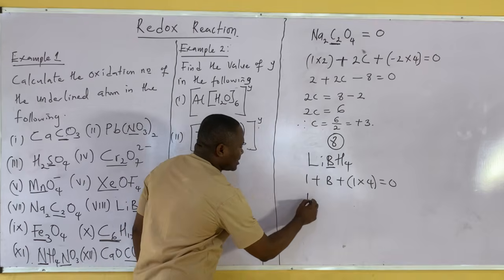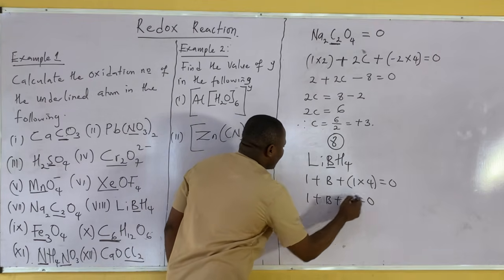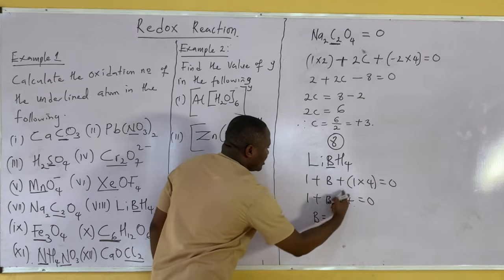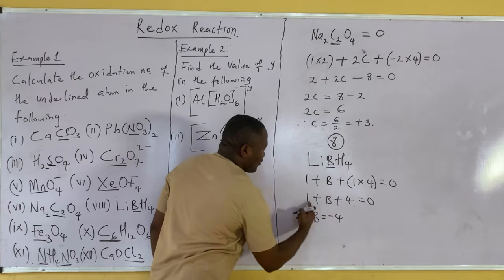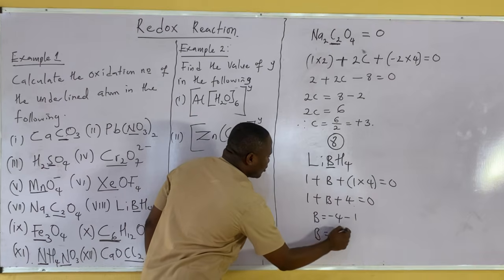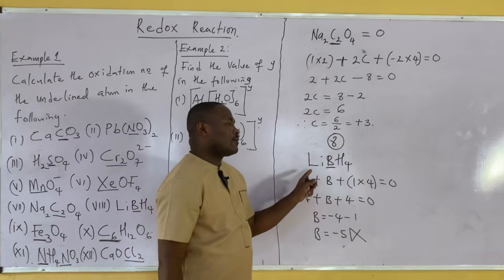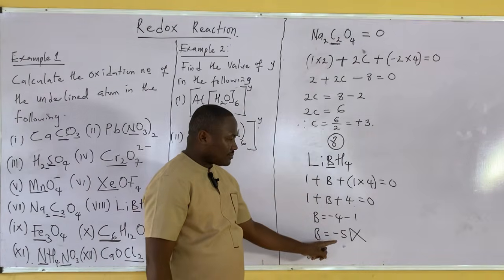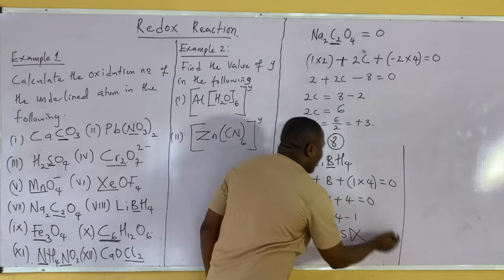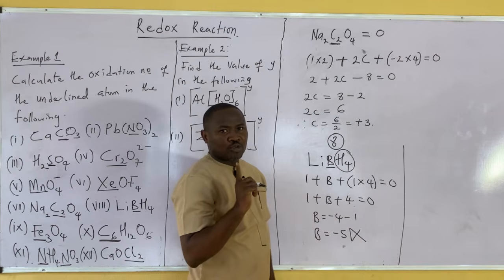Now you notice that here will now be 1 plus B plus 4 equals 0. If you solve, boron will be equal to minus 4, and this goes this way, it becomes minus 1. You now have boron equal to minus 5. This is not correct. You cannot solve the oxidation number of boron in this method. Why? Because the oxidation number of hydrogen in a metal hydride is minus 1.